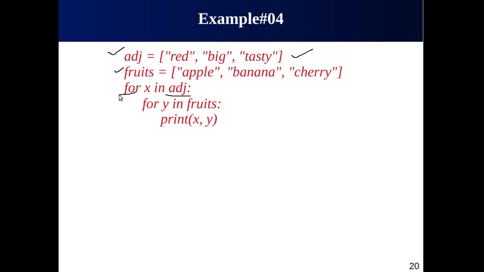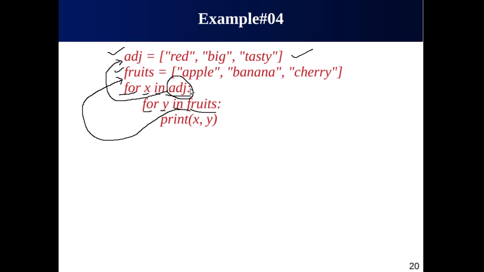So you see, for is the keyword, x is the variable, in is the keyword, and here instead of using the range function, I am actually using a list. Similarly, the inner loop, for is the keyword, y is the variable, in is the keyword, and fruits is the name of the list here.